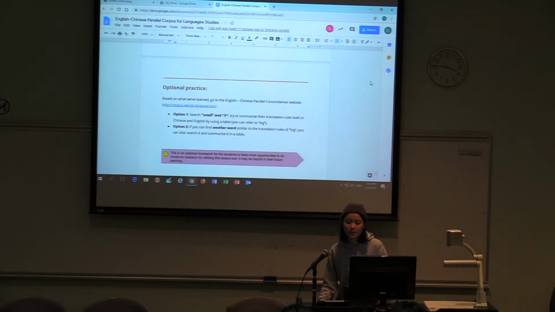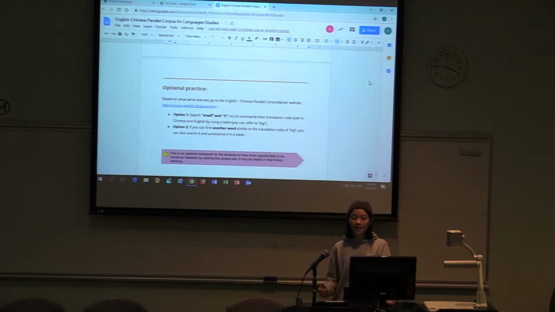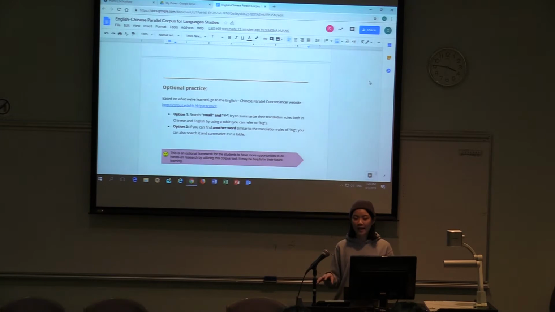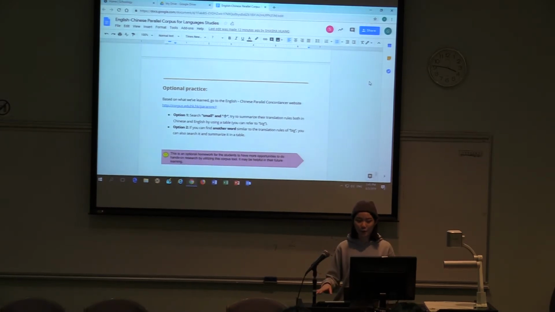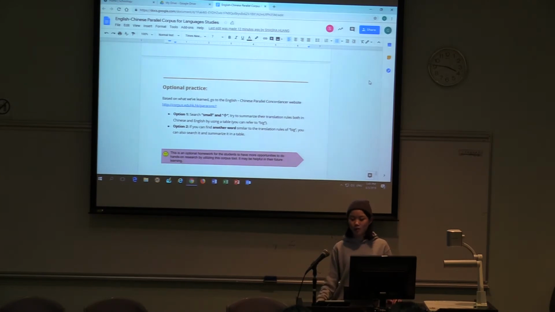But the purpose we chose "big" and 大的 is because, from what we've experienced in mainland China, some people always misunderstand, thinking, oh, I can use "big" in any other writing or any other article. So we want to clarify these points for them. So this is the purpose of why we chose to focus on these parts.